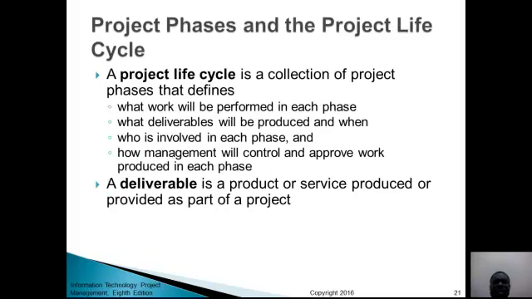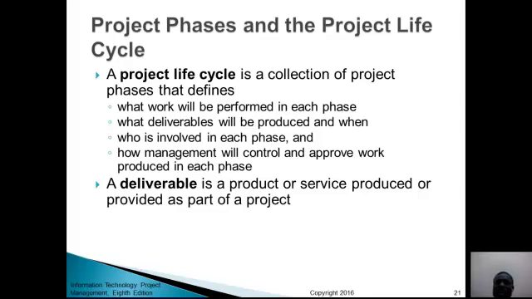Now, project phases and the project life cycle. When we talk of a project life cycle, it's a collection of project phases that defines what work will be performed in each phase, what deliverables will be produced and when, who is involved in each phase, and how management will control and approve work produced in each phase.